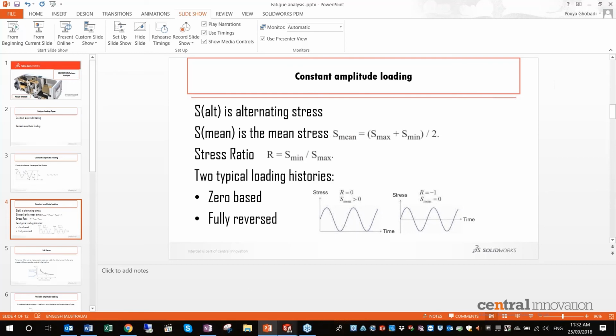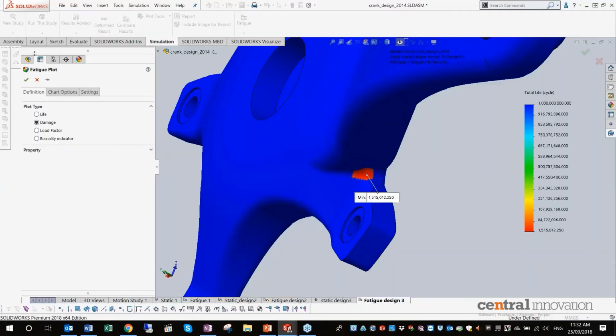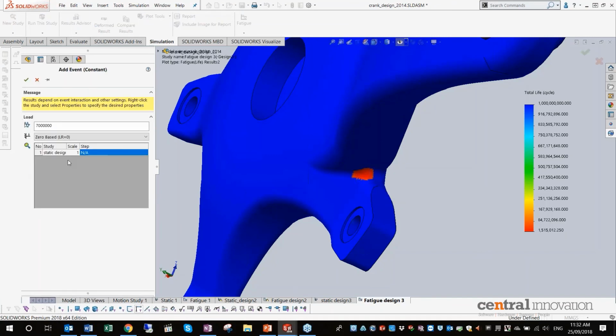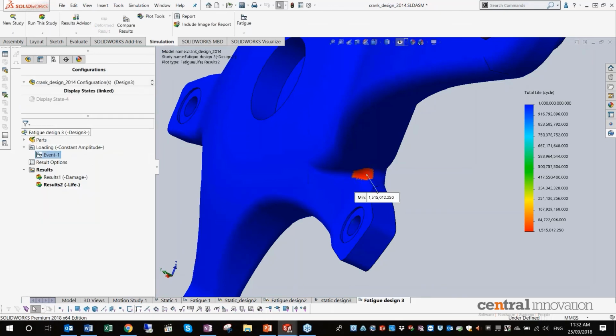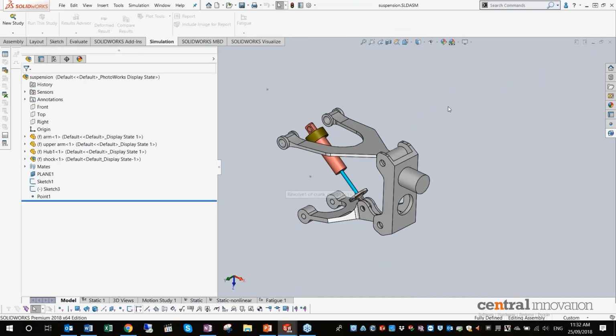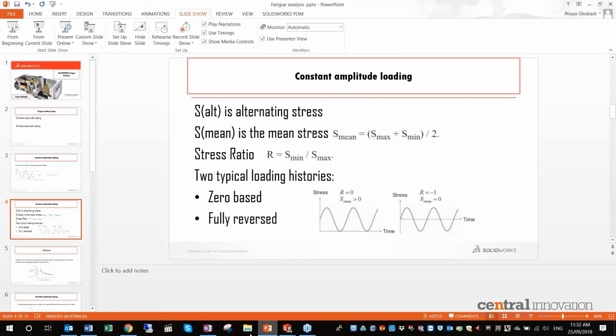So if I have a look at my fatigue analysis and go to my event, you can see I have the ability to define my loading ratio right here. So if your loading doesn't fall between zero-based or fully reversible, you have to calculate the ratio. Let's go back to these slides.